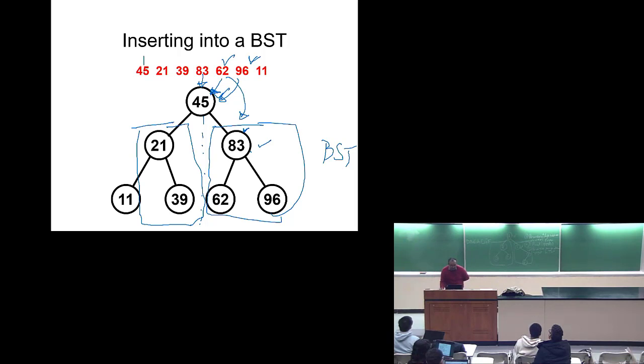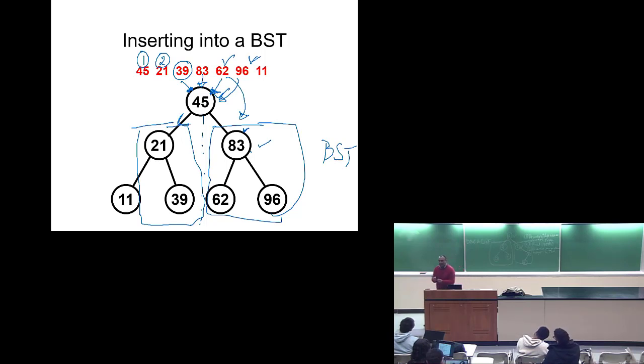The first one was 45, then the second one was 21, and when 45 is already there, 21 can go only on the left of 45, right? Then we got 39. Now when you want to add 39 to this tree, you will compare it with the value that you have in the root. It is less than 45, so it will come to the left hand side, right?